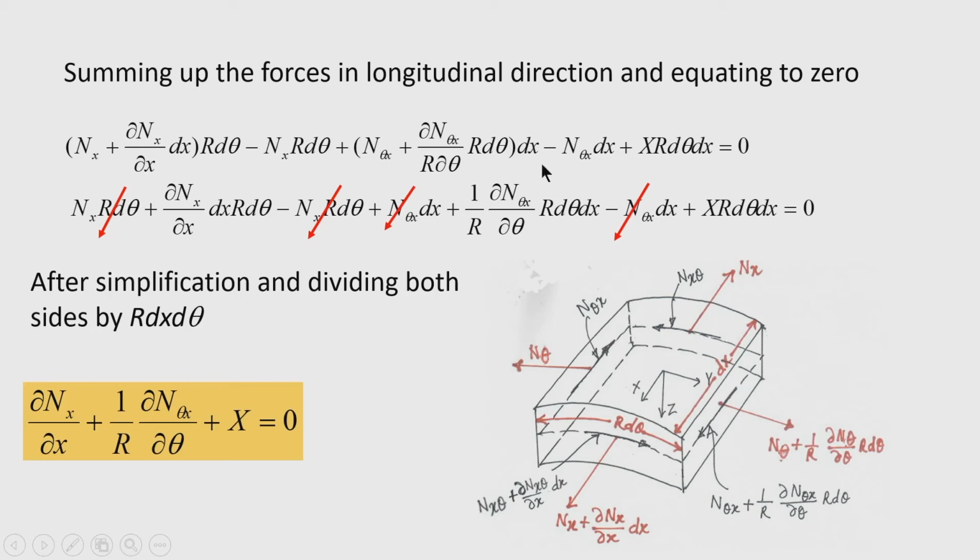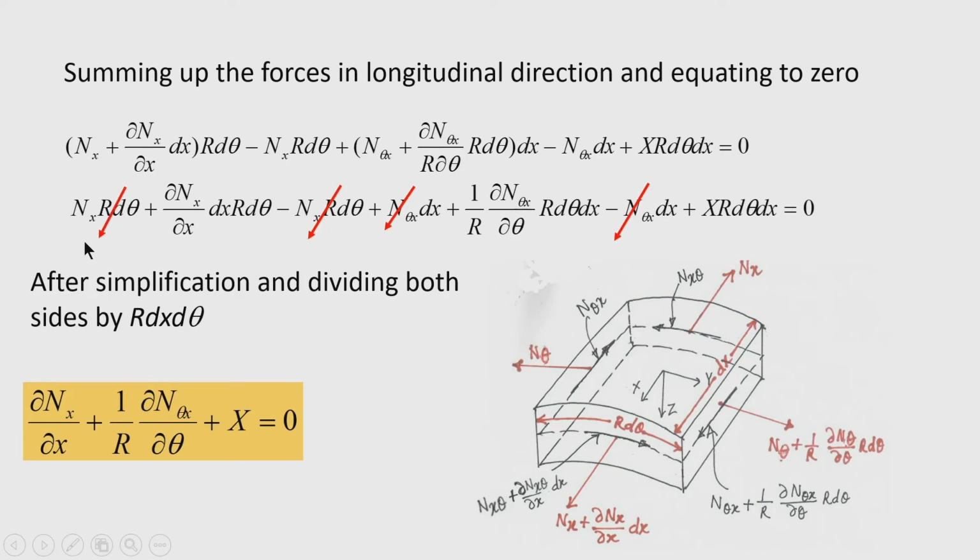Then again we break this term. So, n theta x into d x plus 1 by r del n theta x by del theta r d theta d x. Then we get this term minus n theta x d x, and then we get x r d theta d x equal to 0. So, you can see there are some common terms which can be cancelled.